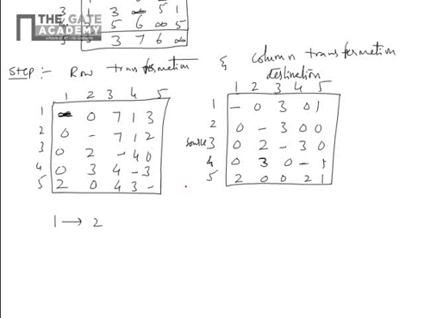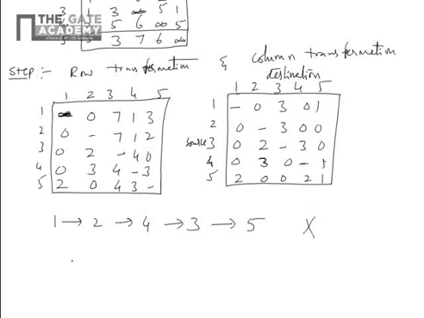If we take 4, then 4 to 3 is there, and 3 to 5. This is one assignment, but here you are not coming back to the initial starting city, so the allocation is wrong.